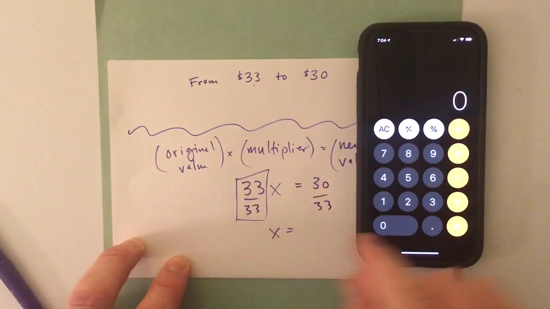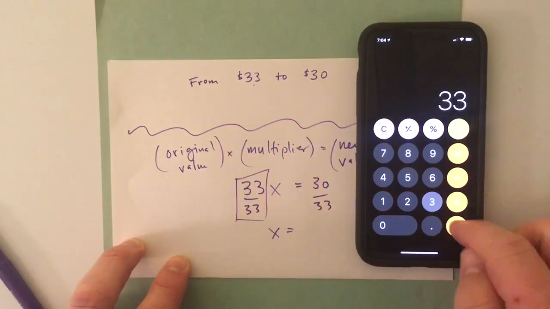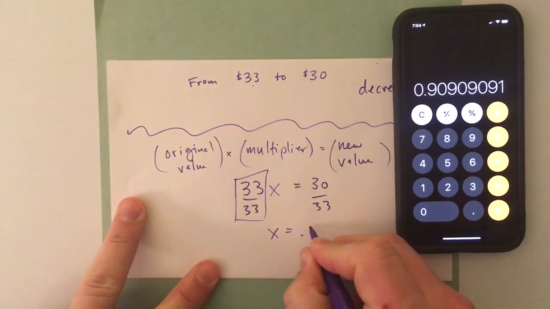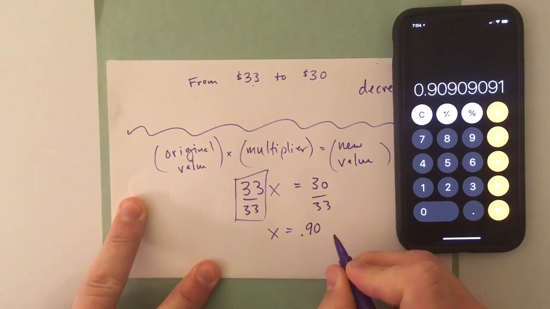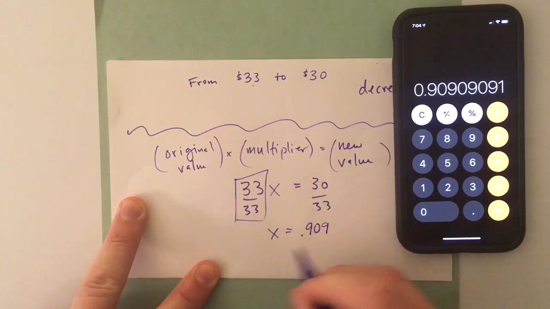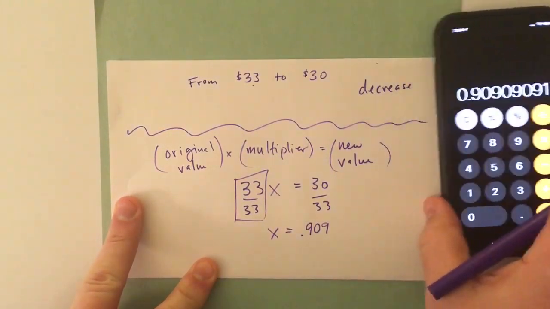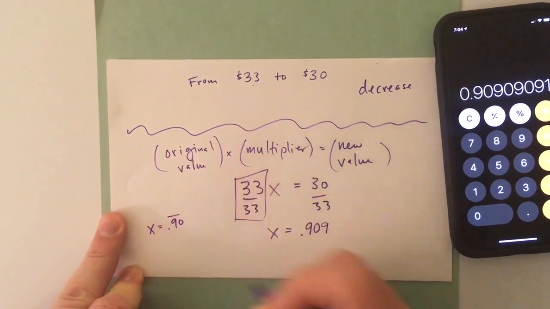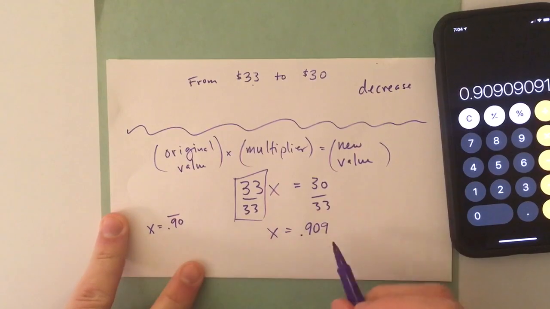So now I do 30 divided by 33 and get 0.909. And I'm going to round off there. I know the real way to write this is x equals 0.90 repeating. Since we're talking about percent, I'm just going to stop it there.